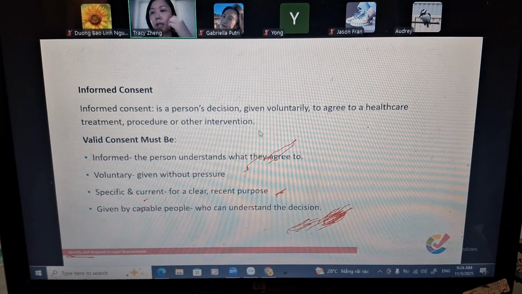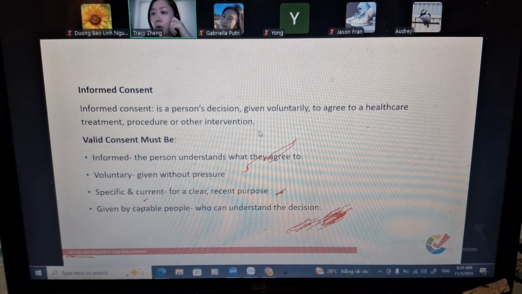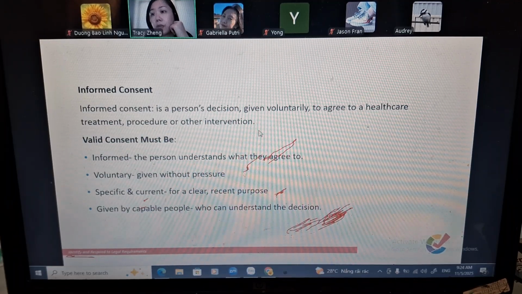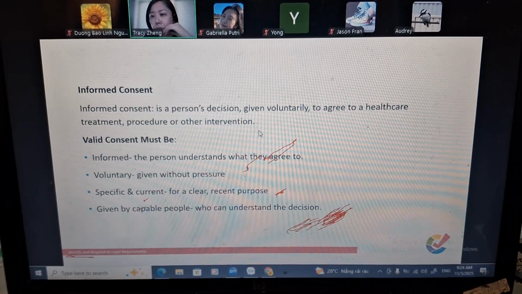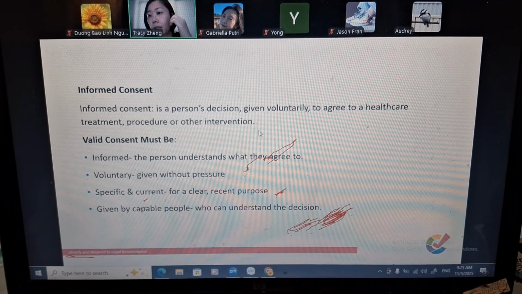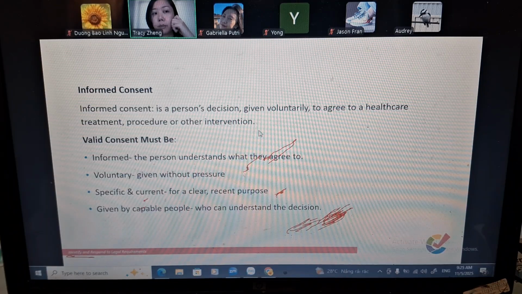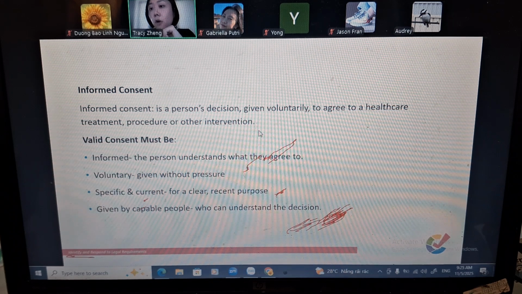And like you mentioned, with children under 18, we need to get the consent from their parents or guardians. So those groups of people are unable to make a valid informed consent.